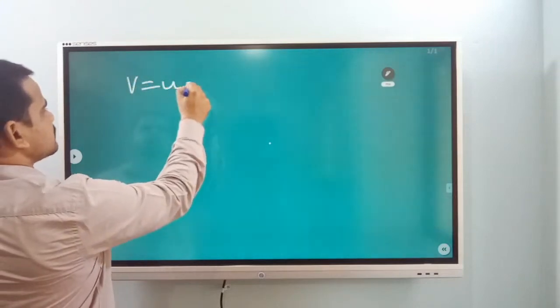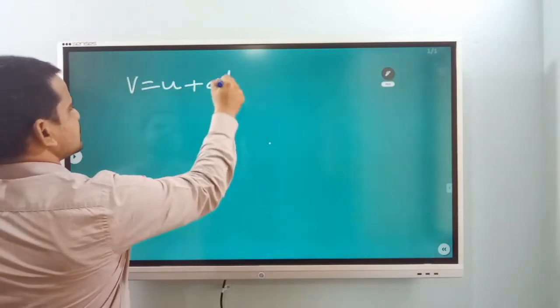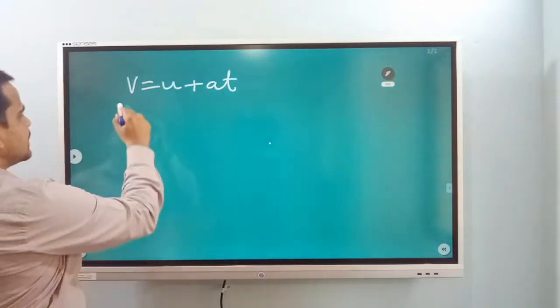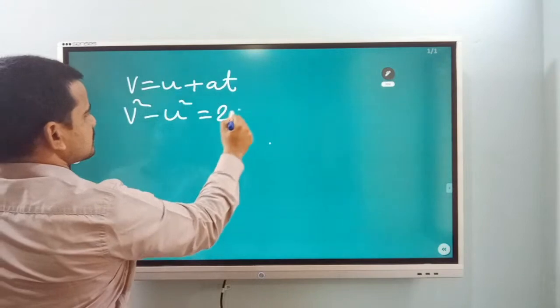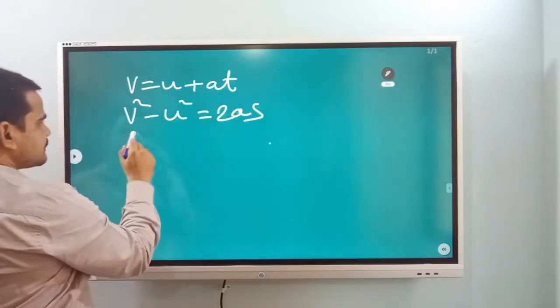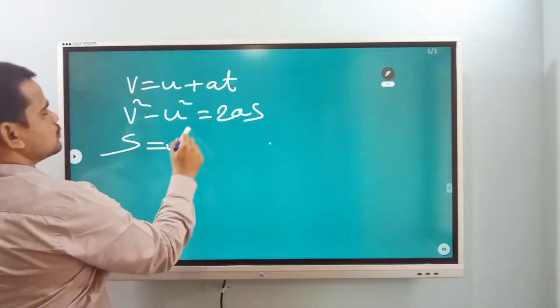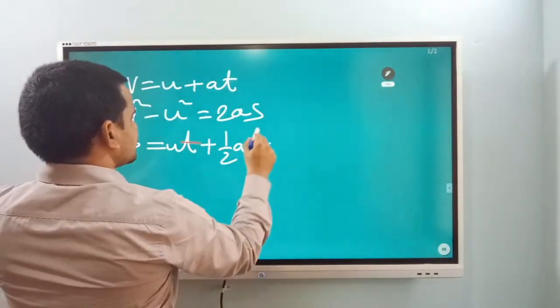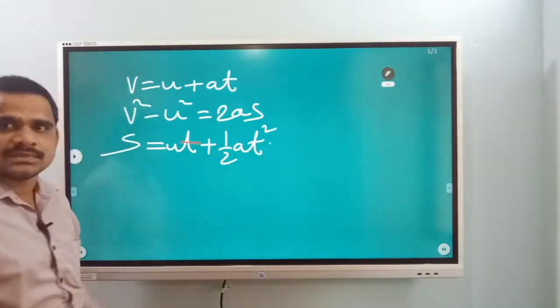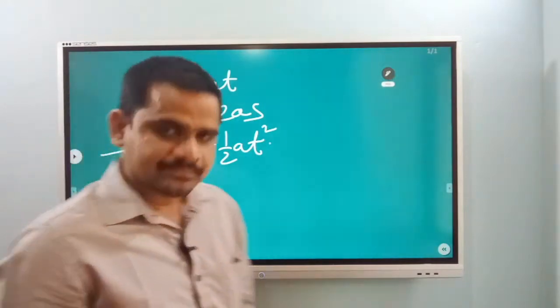V is equal to u plus at, correct? And v square minus u square is equal to 2as, and s is equal to ut plus half of at square.